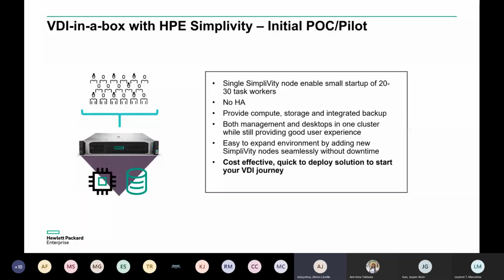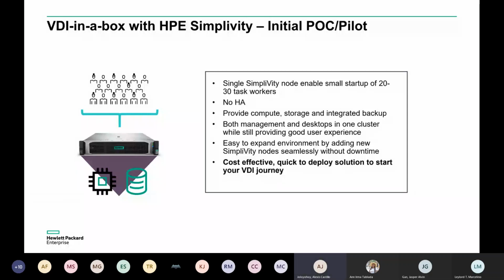All of the competitors cannot use a single node. So this is a kickstart. You can start with 20 to 30 task workers. We already provide compute, storage and integrated backup solutions.